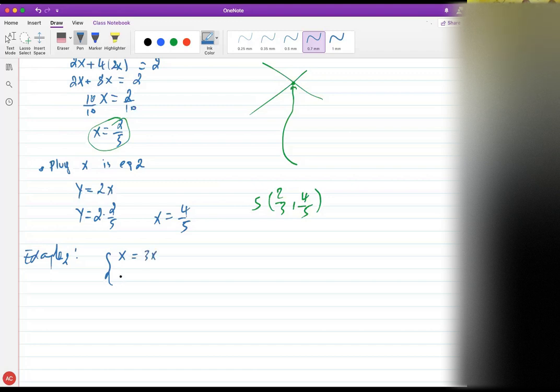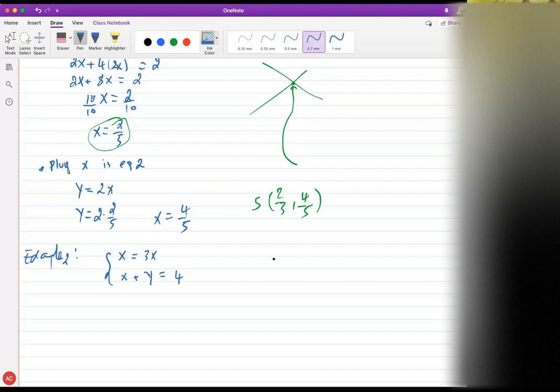Then we may have x plus y equals 5, for example. Or maybe 2. Let's make it 4. As you can see here, we have another system with 2 equations.